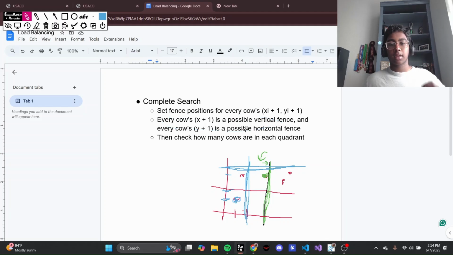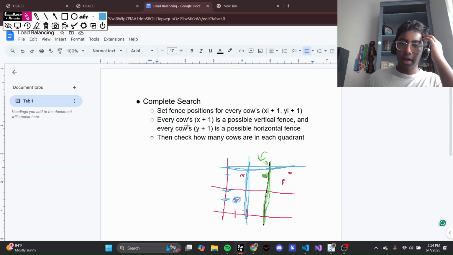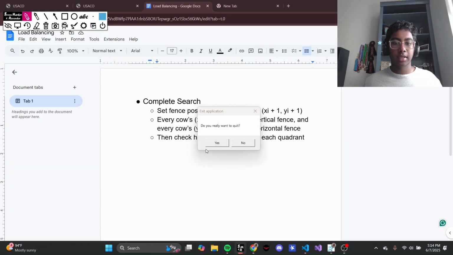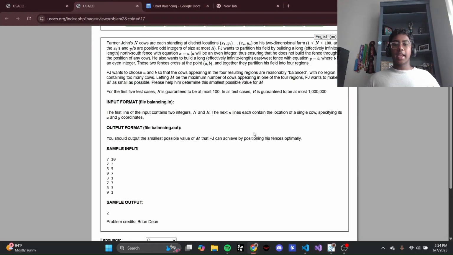So you want to mix the x and y situations together. So yeah, every cow's x plus 1 is a possible vertical fence, and every cow's y plus 1 is a possible horizontal fence, and you want to mix all those combinations together, and then you check how many cows are in each quadrant. Okay, so hopefully that was clear enough. And yeah, simply knowing when the fence will be guaranteed to make a change will make your problem fast enough.